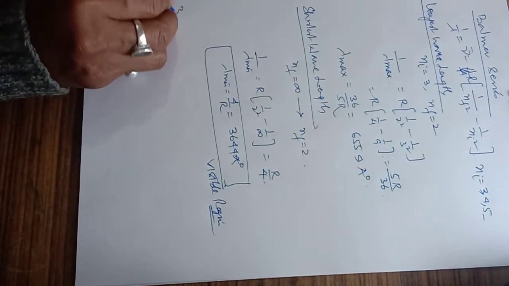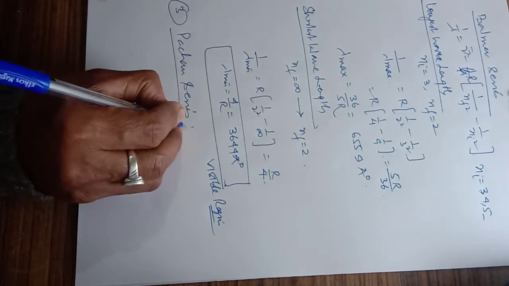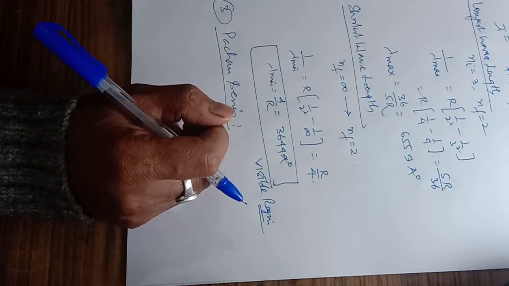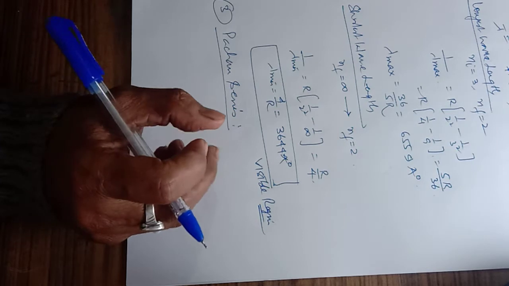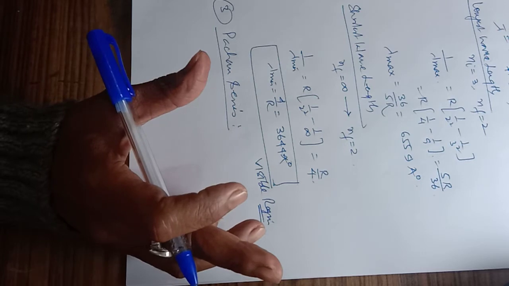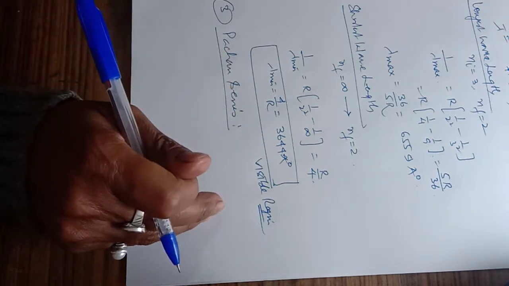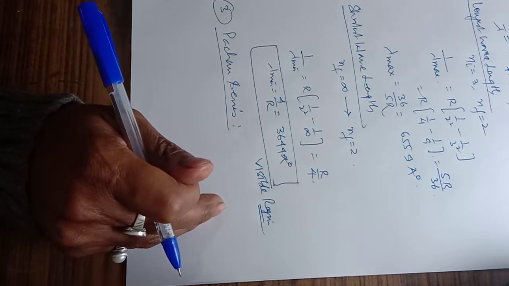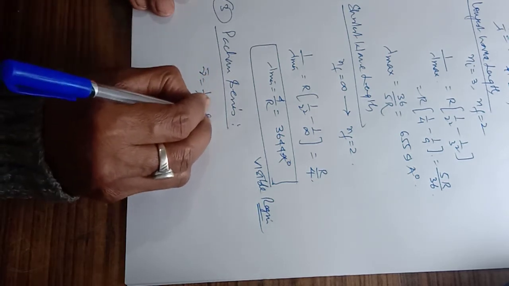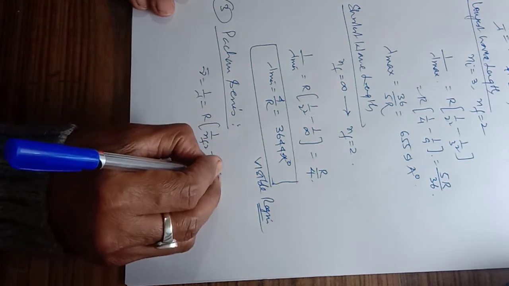Now the third is the Paschen series. In the Paschen series, the spectral lines emitted due to the transition of an electron from any outer orbit to the third orbit form the spectral series, and that series is known as the Paschen series. So ν̄ is equal to 1/λ, that is R(1/nf² − 1/ni²).